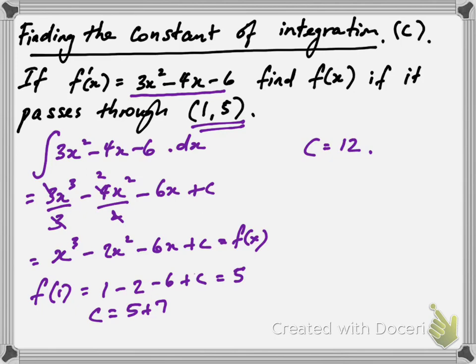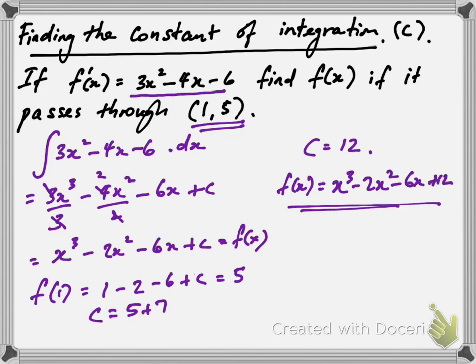So the function f of x then becomes x cubed minus 2x squared minus 6x plus 12, which is from here except now we know c, so there is a complete function.